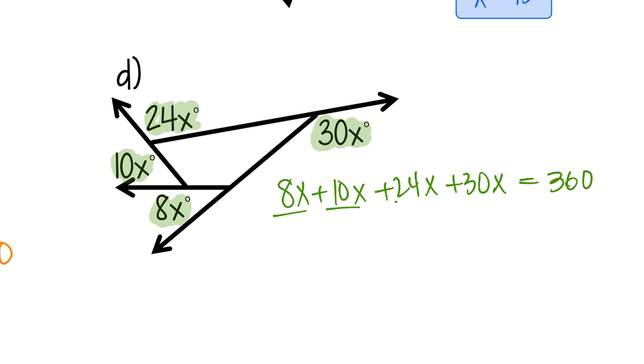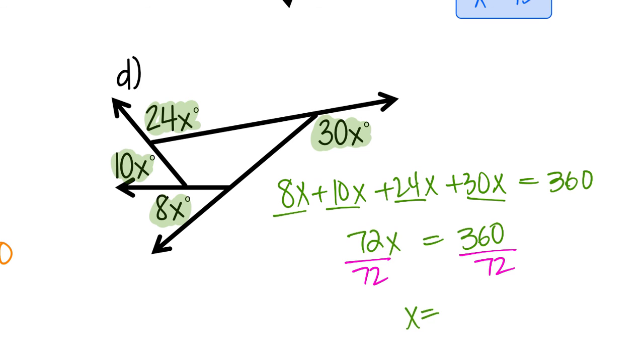Since they all have x, they are all like terms. So combining that gives me 72x equals 360. So this one's just one more step. If I divide both sides by 72, I get x equals 5.